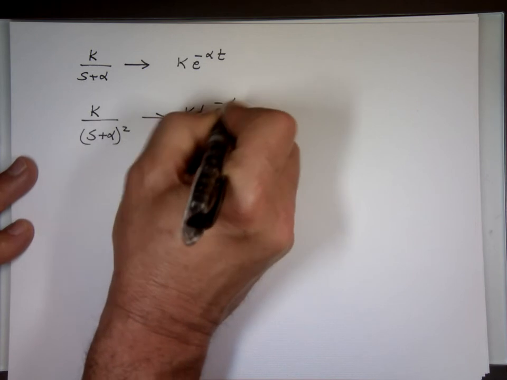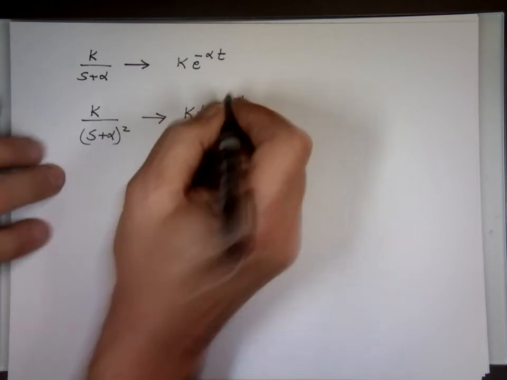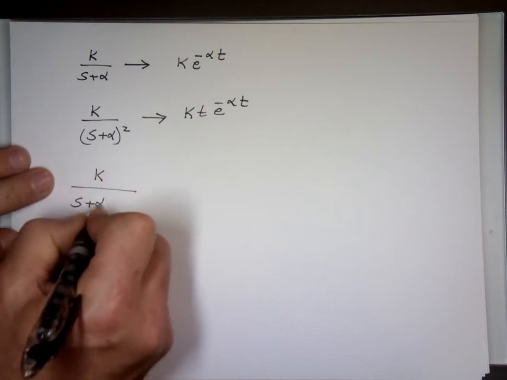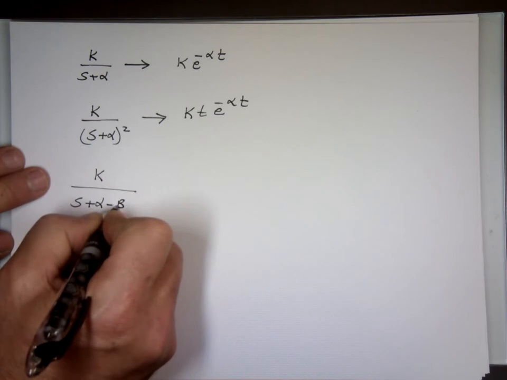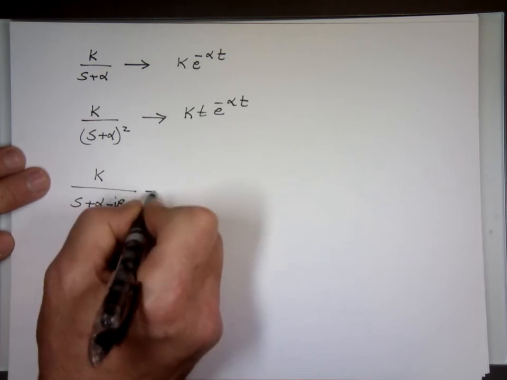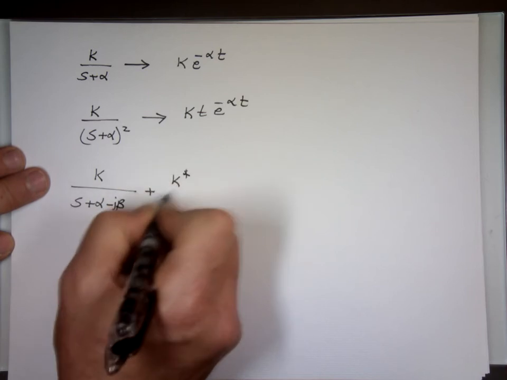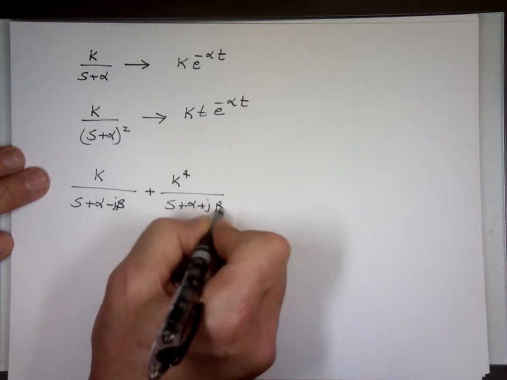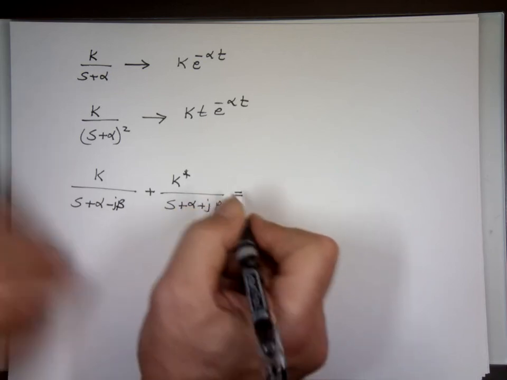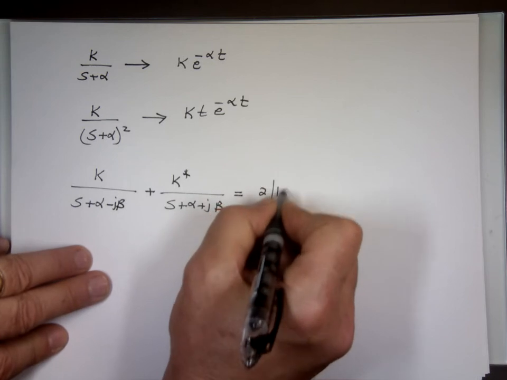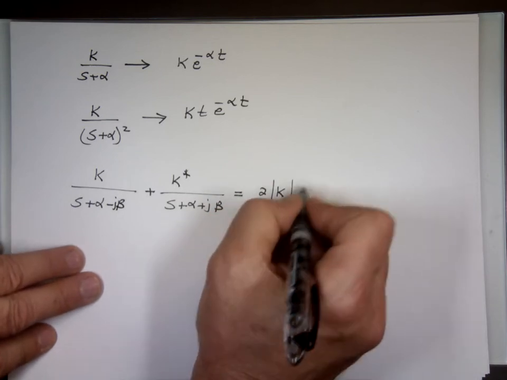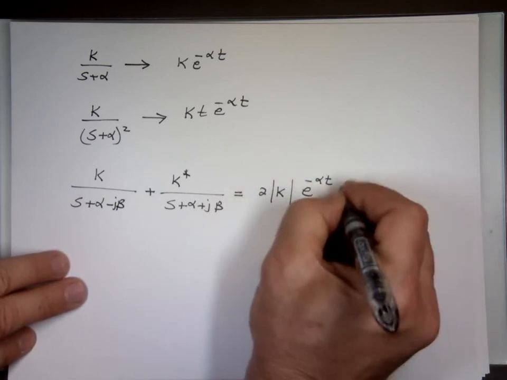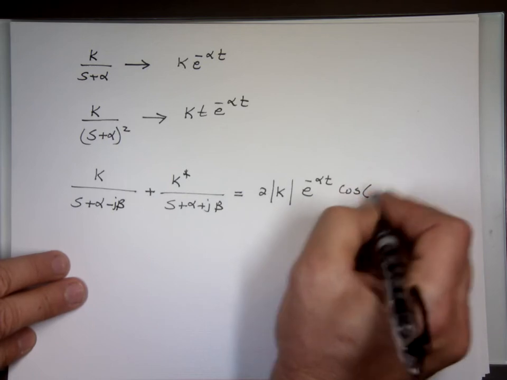If you have k over s plus alpha minus j beta, and the other one k conjugate over s plus alpha plus j beta, your answer is going to be 2 times the absolute value of k e to the minus alpha t cosine of beta t plus theta.